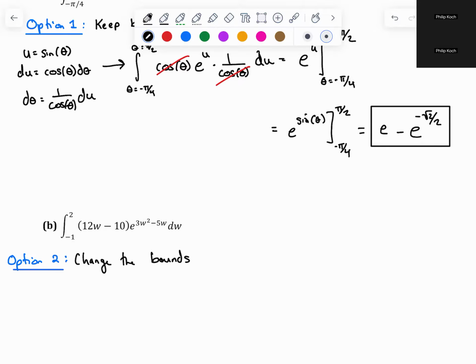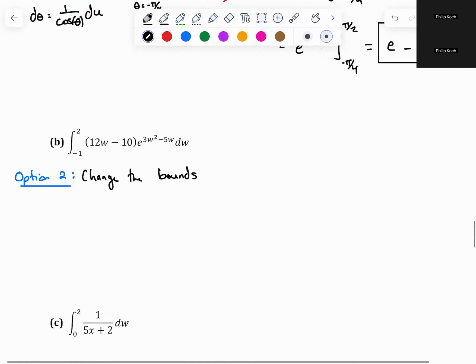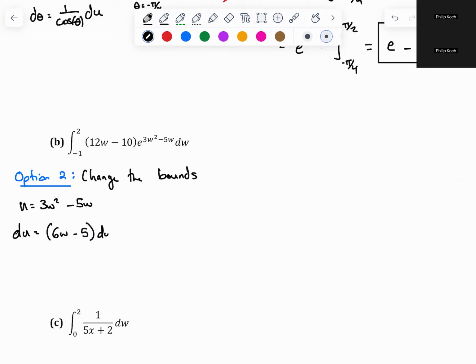And so a good choice for you is anything inside of a function. So in this case, inside of the e. So we will make u equal to 3w squared minus 5w, which means that du is equal to (6w minus 5) dw, meaning that dw is equal to 1 over (6w minus 5) du.